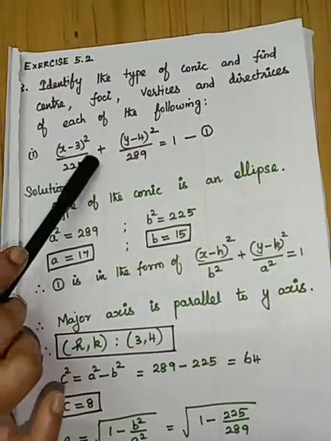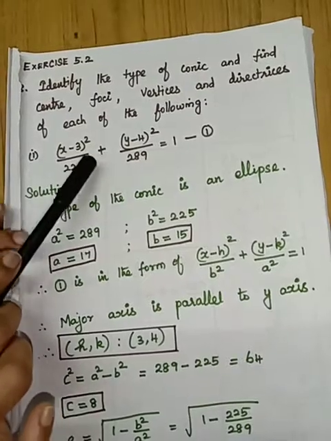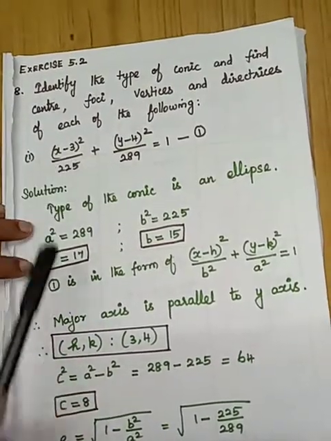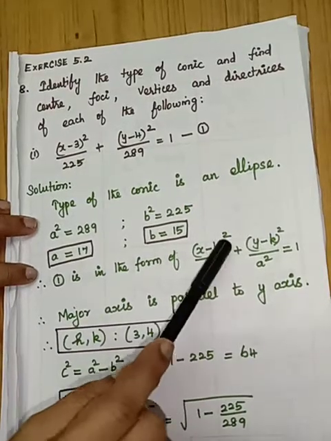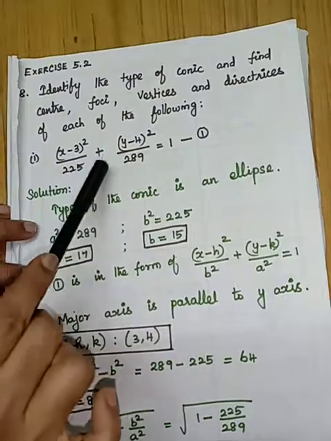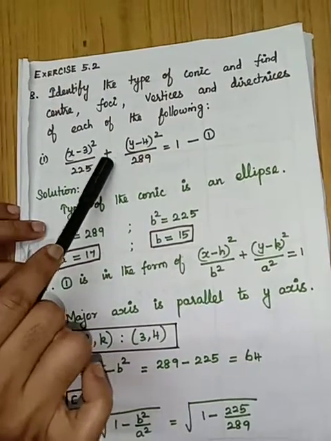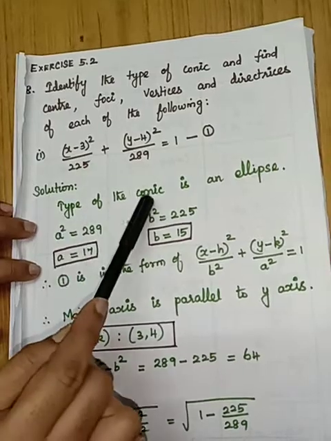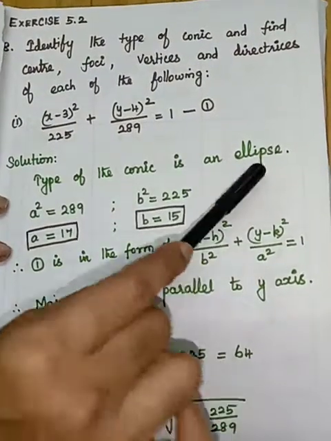So it is not in the standard form. But it is somewhat like x minus h the whole squared here, y minus k the whole squared here, and in between you have plus. On this format we have identified the type of conic as an ellipse.